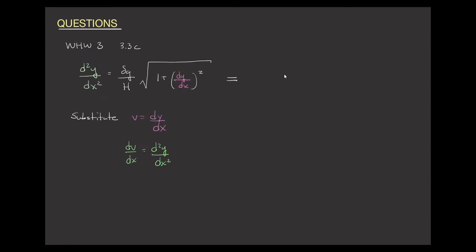And making those substitutions, we now have, I'll just write v prime for the moment. That's the green part, is equal to this set of constants times square root of 1 plus v squared. And then you're asked to classify this result.